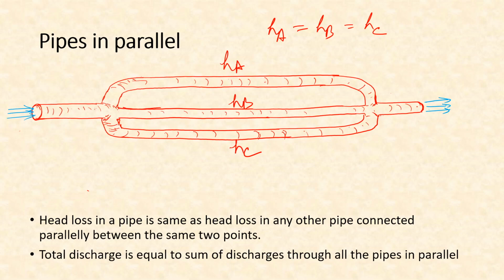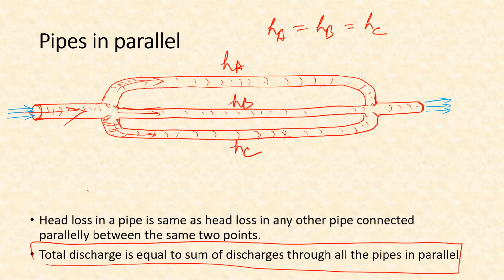Now the difference is that in this case all these pipes will share the total original flow which was coming through the main pipe, and their sum will be the discharge.